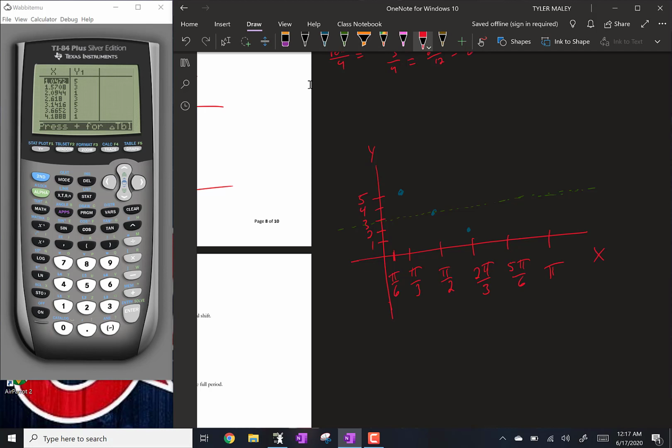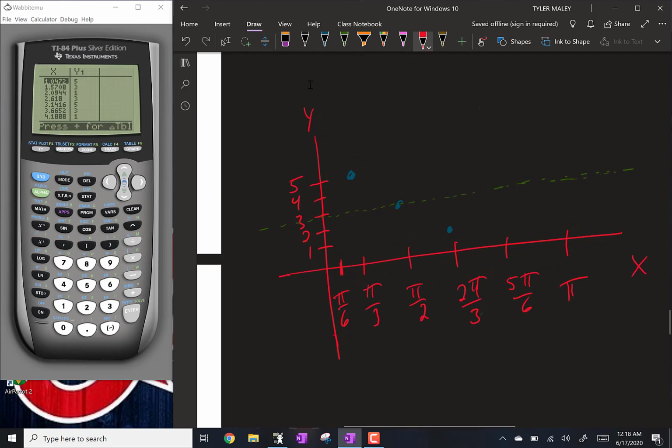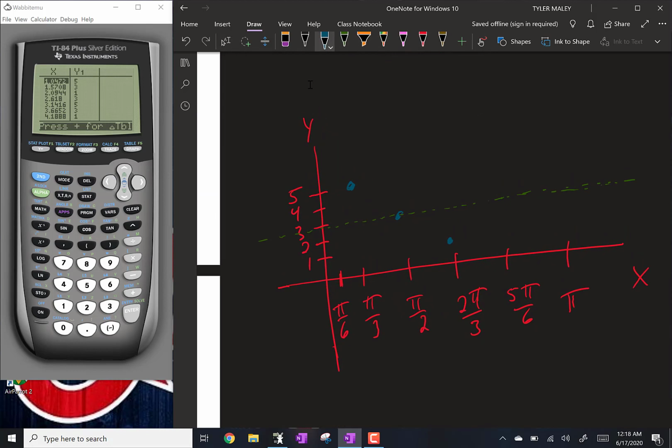Because before I was going 0 to 1 and then adding by 2, so I can't add 1 and then add 2, and then down here the pi over 6 thing, I was adding by pi over 6 but started at pi over 3, so I just need to fix that to make my graph better. So then 5 pi over 6 matched up with 3, and then pi matched up with 5. Right.